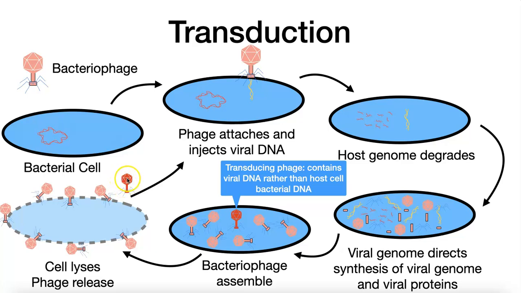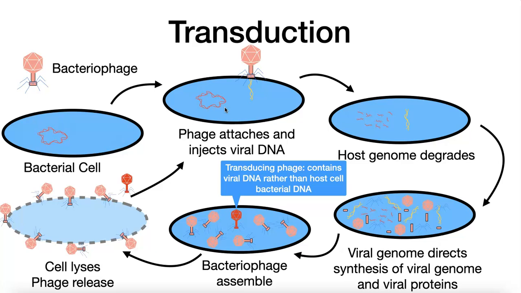But this bacteriophage, when it goes and attaches, is not going to inject viral DNA. Instead, it's going to inject bacterial DNA. And so that's how a piece or pieces of bacterial DNA can be transferred to another recipient bacterial cell.